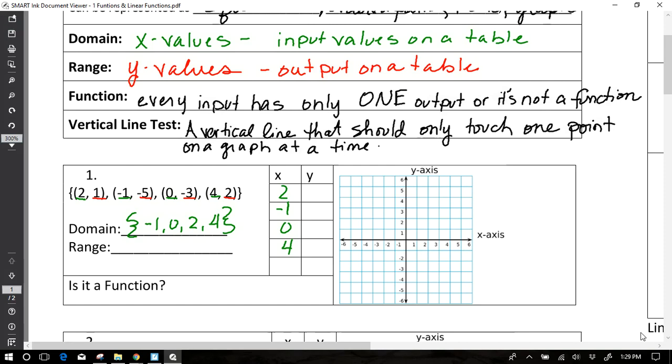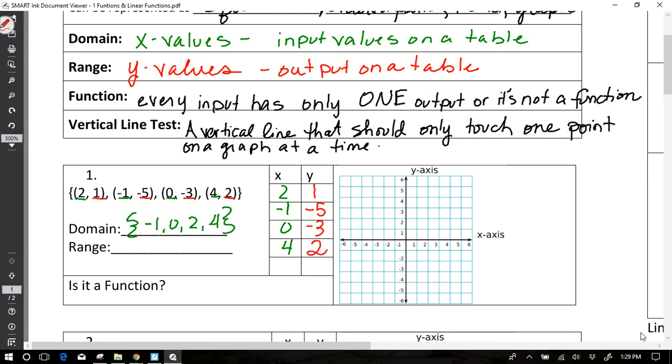Now let's move over to our range. I underlined those in red, and I'm going to match those up in the table in the same order. See how in the ordered pair, the very first one here, 2 is paired up with 1. So when I put those in the table, I need to put the 2 and the 1 beside each other. -1 and -5 go together, 0 and -3, and then the 4 and the 2.